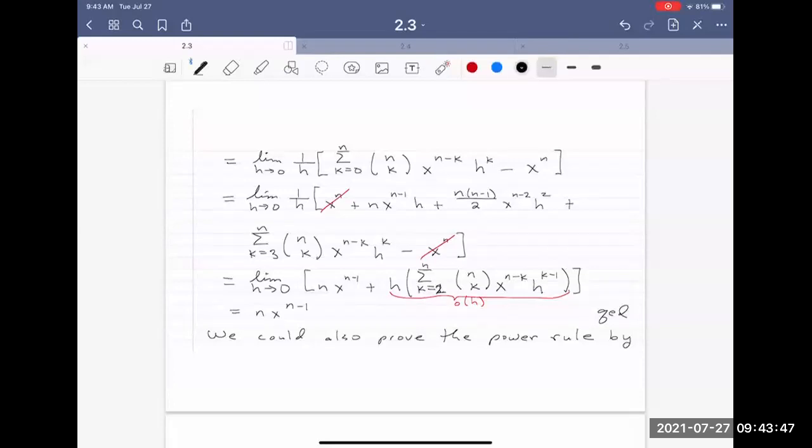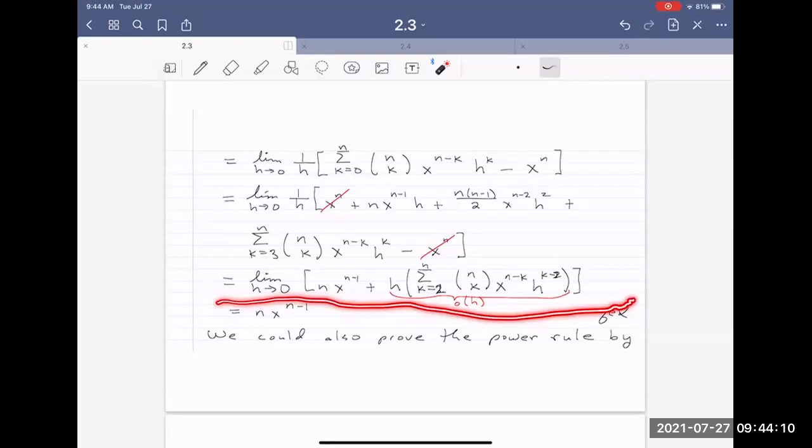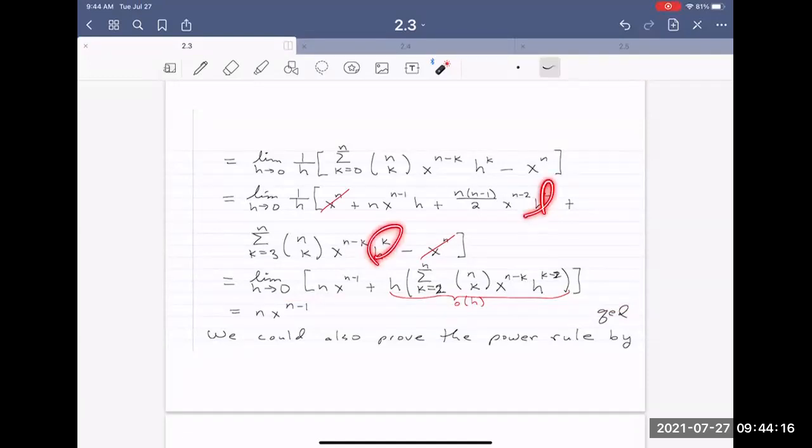Again, not that it matters. Okay, sorry, I had 2 little errors there with my notation. So this is equal to the limit as h approaches 0 of the quantity n x to the n minus 1 plus h, because I factored out an h from each of these. And so I factor out 1 h here and another h that I put here. So that means that I'm taking away 2 h's.